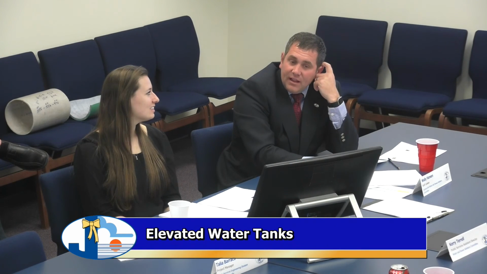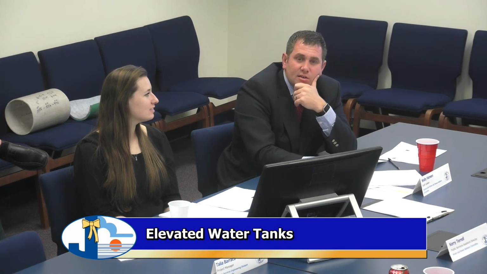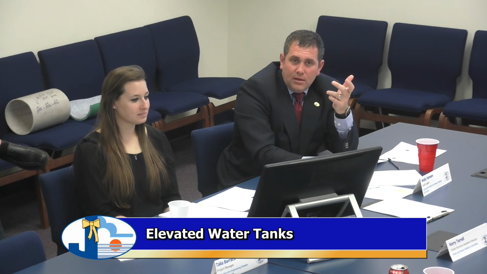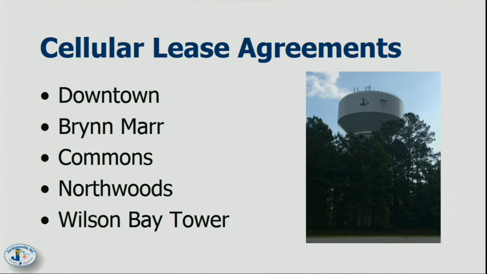And along with the elevated water tank discussion, I know I shared with you that the cost of maintaining the ones that we currently have on is around $250,000 a year, give or take. We do get some revenue from these tanks. The revenue goes directly into the water sewer fund, and it does help to offset the cost of maintenance.